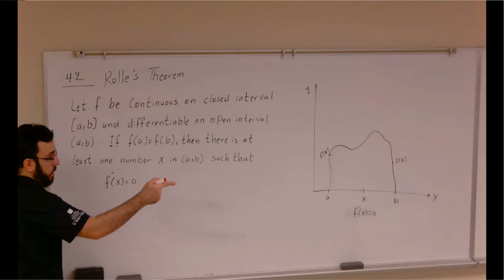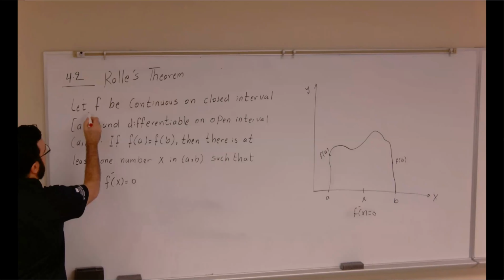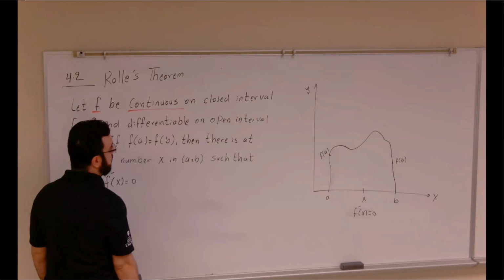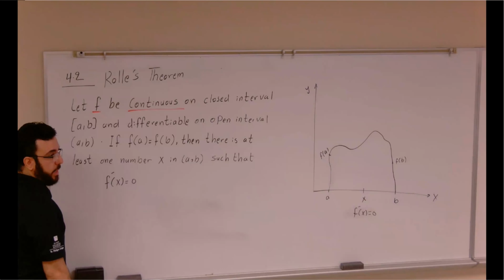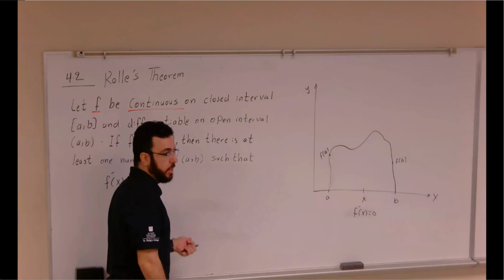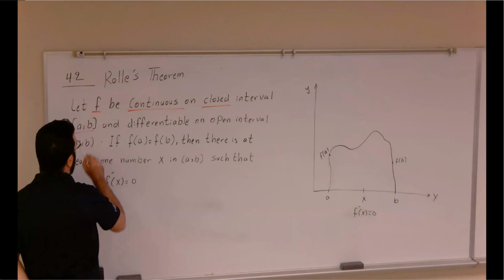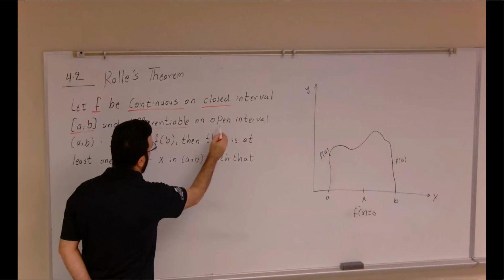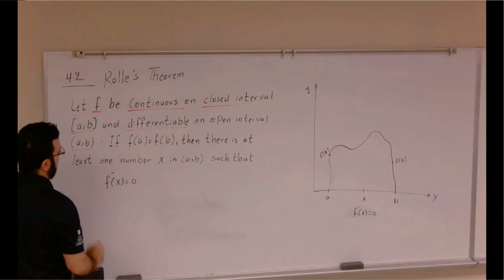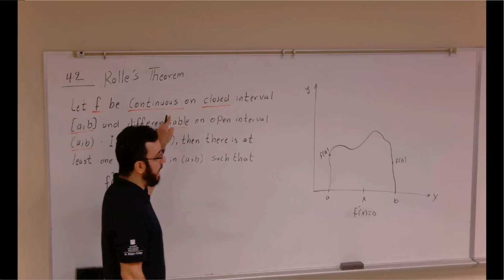With these examples, they're going to give you f is what? Continuous. You have to prove that f is continuous on the closed interval [a, b] and differentiable on the open interval (a, b). First of all, you have to prove these two conditions.